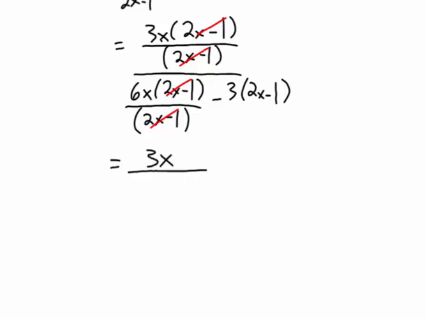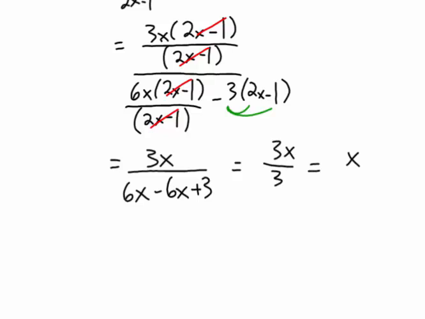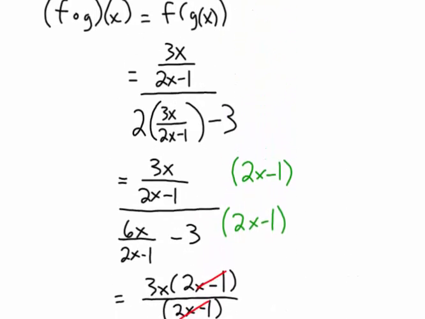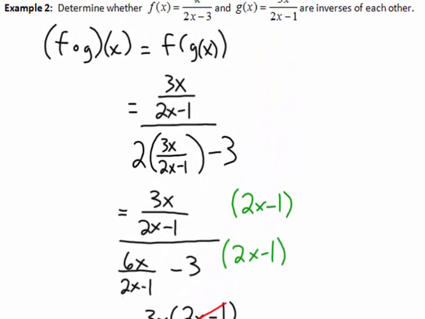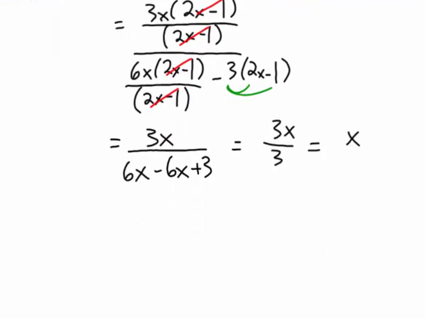And in the denominator, 6x minus, if we distribute this in, we'll get negative 6x plus 3, which becomes 3x all over 3, which becomes x. So there's our first piece for our composite function. When we did f of g of x, our final solution ended up being just x.